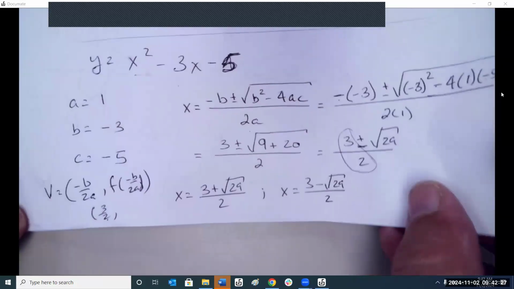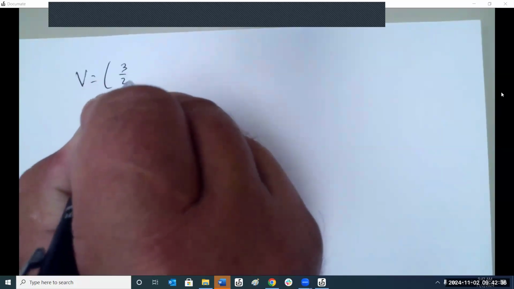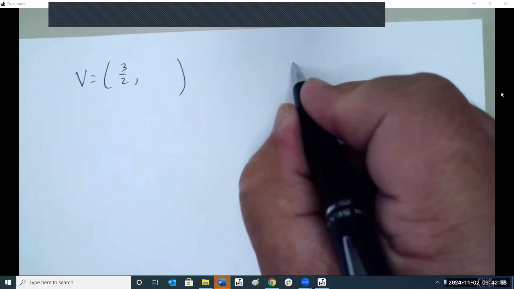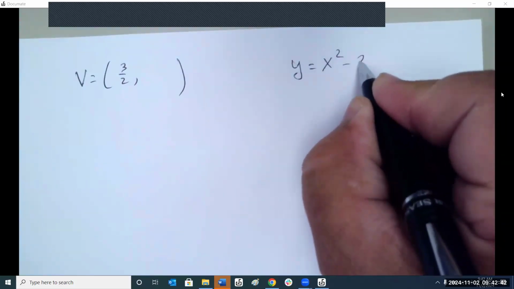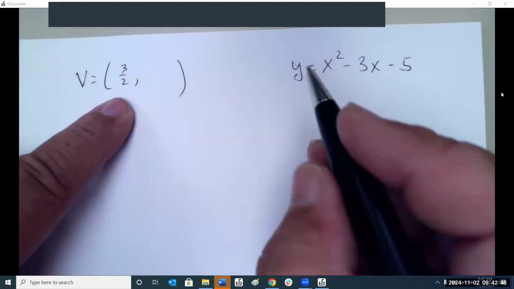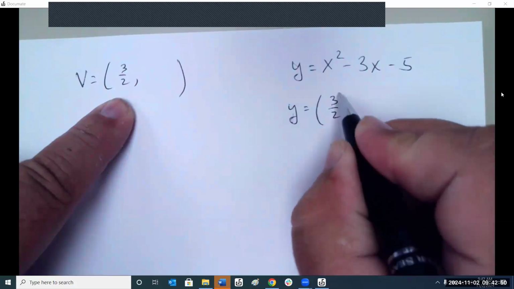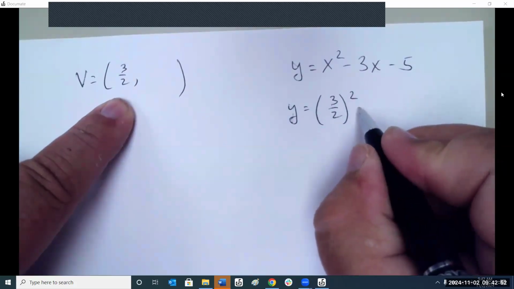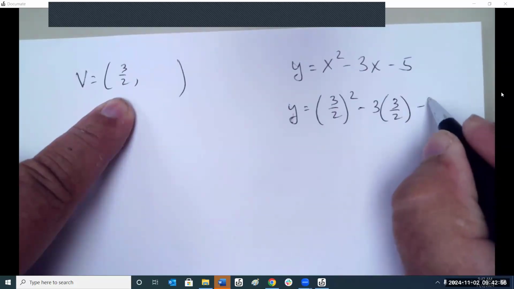Now we take this and plug it into the equation. So let's see what that would be. The vertex would equal, let me see, it's 3 over 2. Y equals x squared minus 3x minus 5. Three over 2 squared minus 3 over 2 minus 5.